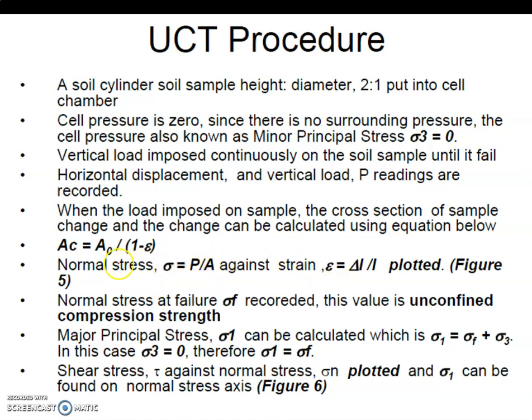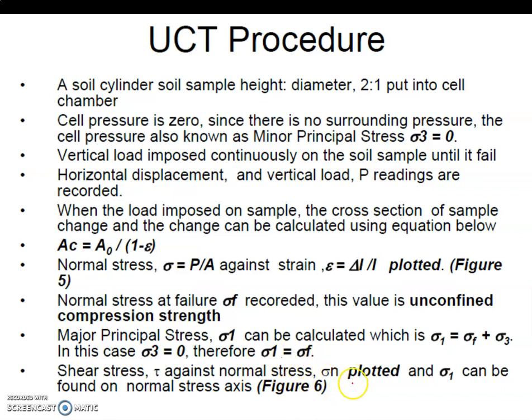But because the area has changed, later we calculate the stress using an improved equation, P divided by A sub C, the loading divided by the changed area. Because we know stress 3 is 0, stress 1 is the final stress plus the stress 3. So now stress 1 is equal to the final stress, the total loading applied.